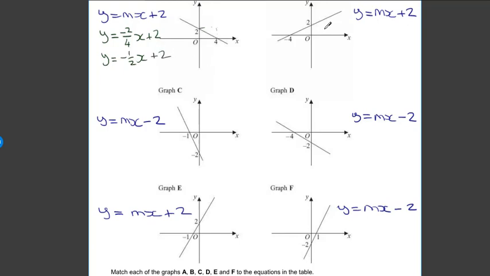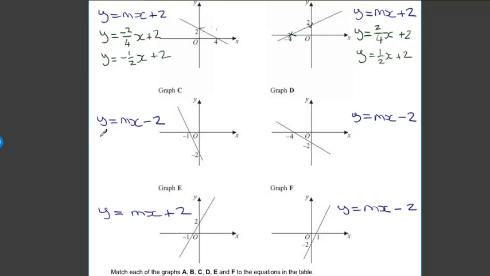Easy. Here, from left to right, always left to right, we go across 4 in a positive direction, and we go up 2. So we can see y equals a half x plus 2.